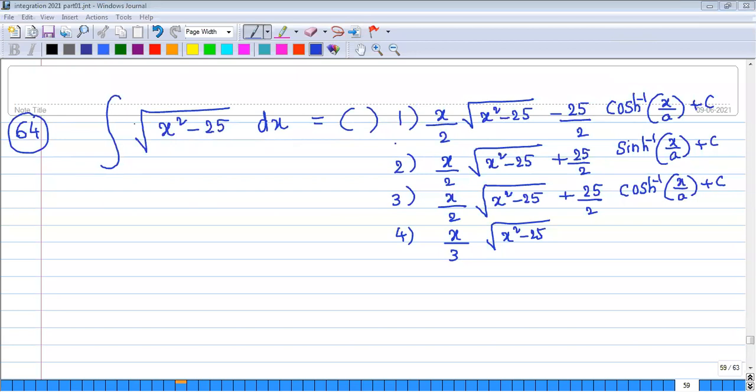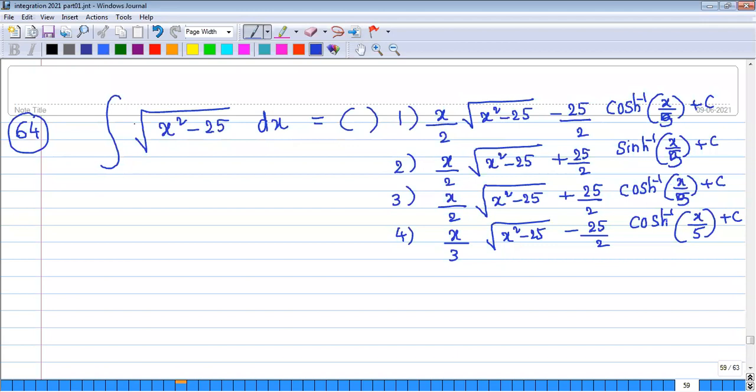X by 5, cos h inverse, this is not a, this is 5, plus c.